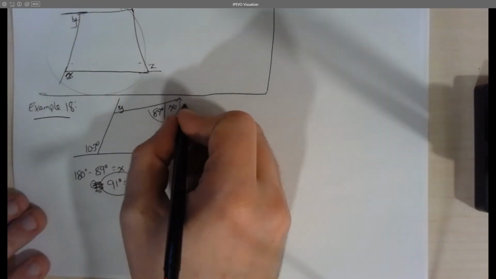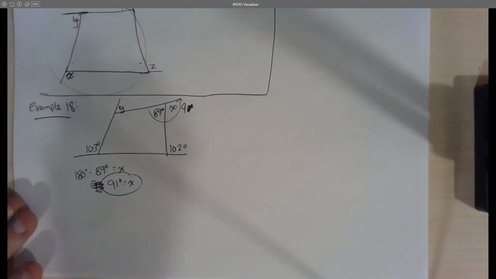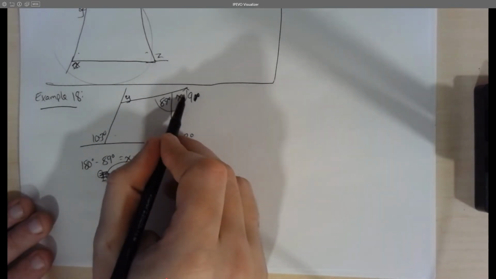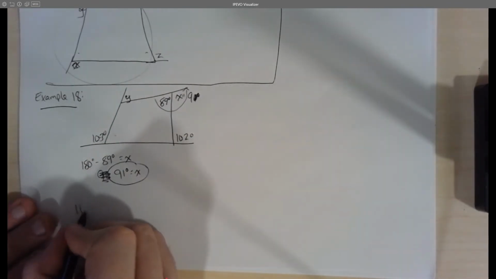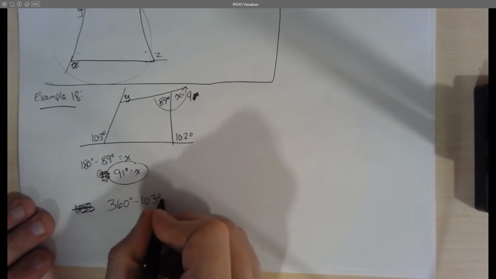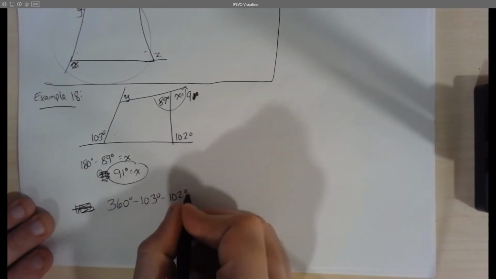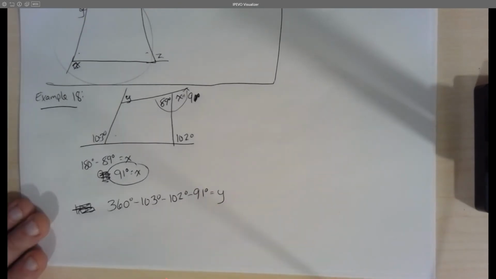Now that we know that X is 91 degrees, that's our exterior angle. We know that the sum of all exterior angles equals 360. So we have 1, 2, 3 exterior angles, just need the fourth. In other words, 360 degrees, that's our total, minus 103 degrees, minus 102 degrees, minus our new 91 degrees is going to give us whatever is left for that particular Y value.